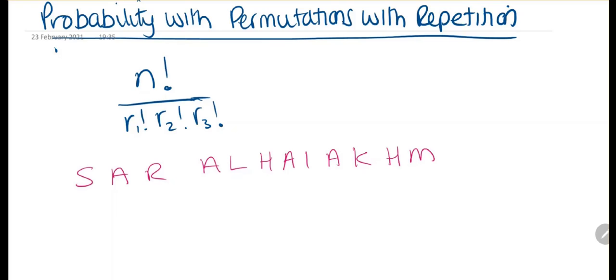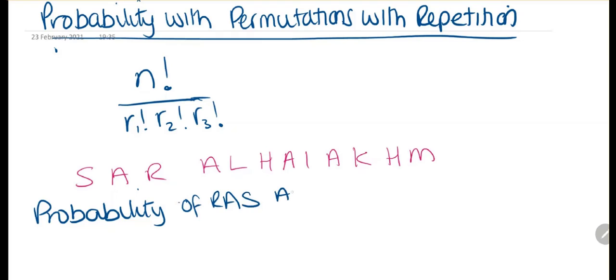We want to know what the probability is of pulling these out of the bag and being able to spell Ras Al Khaimah.